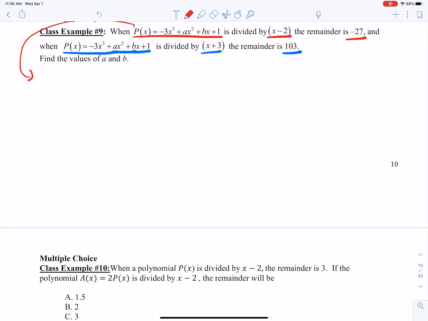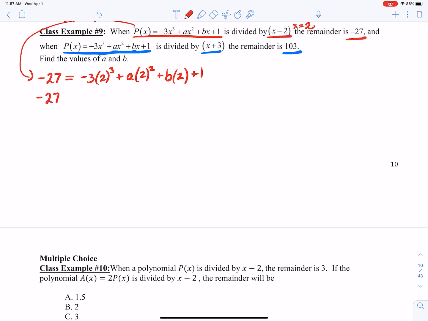So let's use everything I've highlighted in red and get a simplified equation. So I'll start that here. So I know the whole thing is going to equal negative 27 when I sub in x is equal to 2. Now I'm going to go ahead and simplify that equation a little bit.